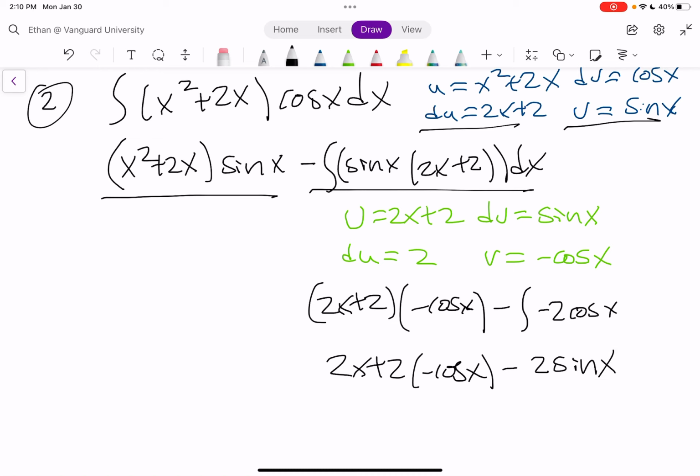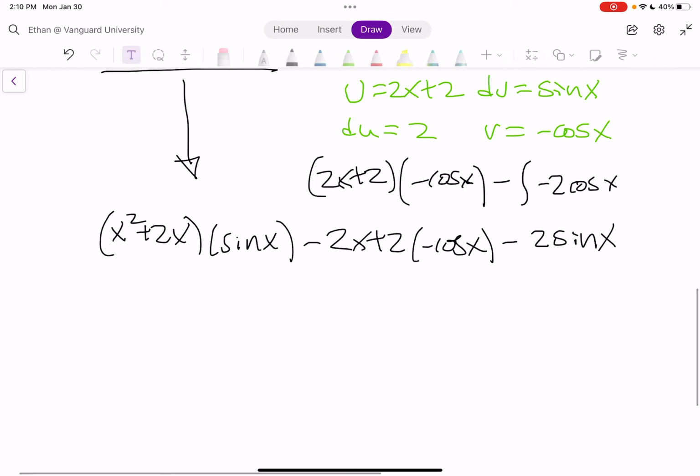Okay, and now we're just going to put this down because we solved for the right hand side right there. We're going to bring this down, and we have x squared plus 2x times sine of x. Now, if we put everything together, you can see that our two negatives right here create a positive.